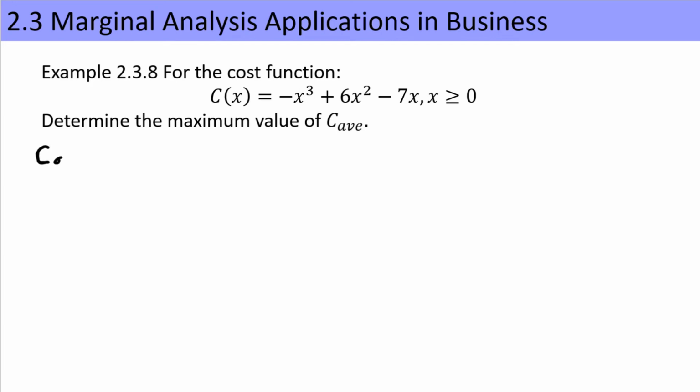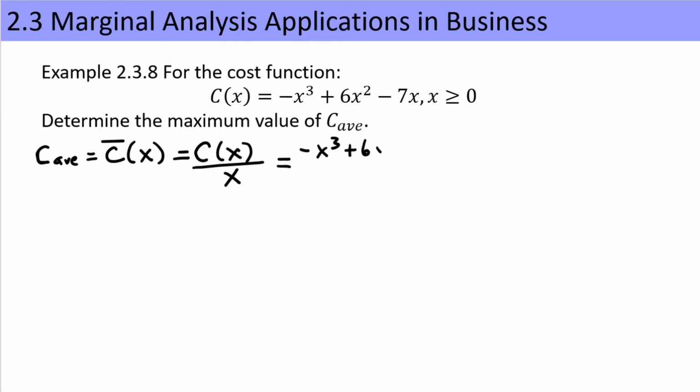C average, we also use the notation C bar of x, and we compute that as the cost function divided by x. The cost function is negative x cubed plus 6x squared minus 7x, divided by x.